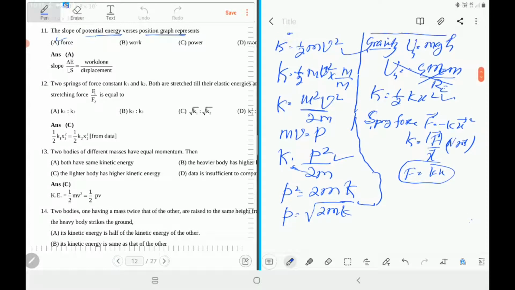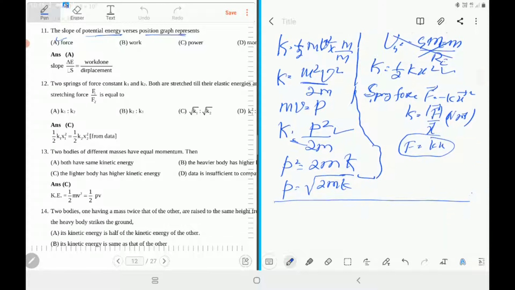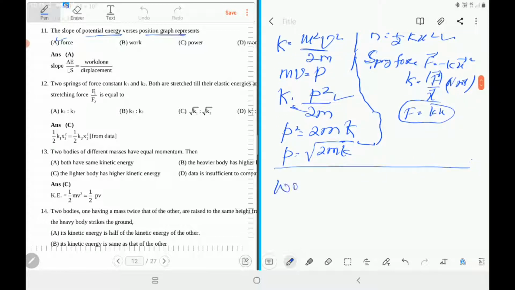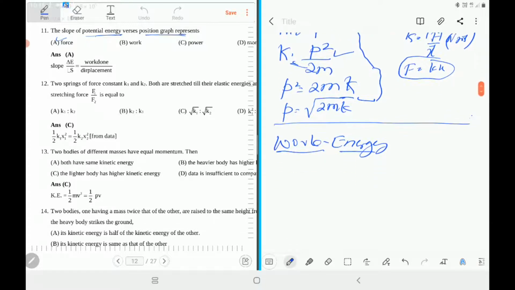These are three important relations. In addition to this, you learn the work energy theorem. This is a very important idea in physics to solve problems. The work energy theorem states that work done is always equal to the change in kinetic energy or change in potential energy, delta representing change.